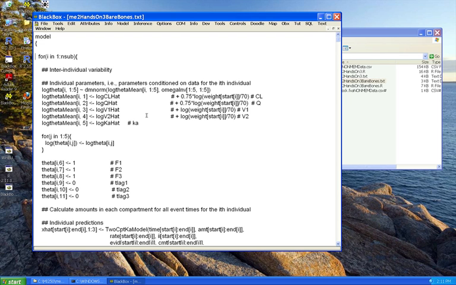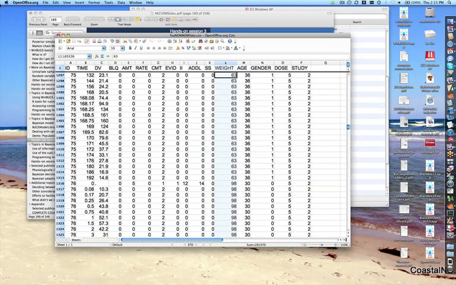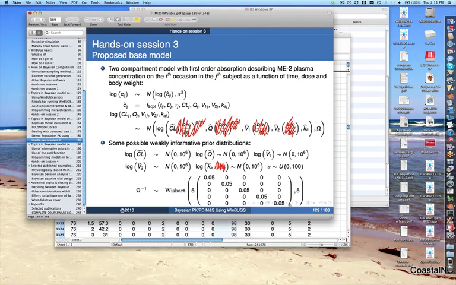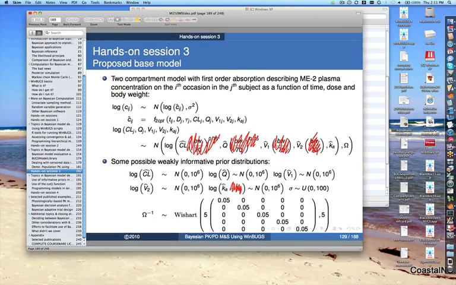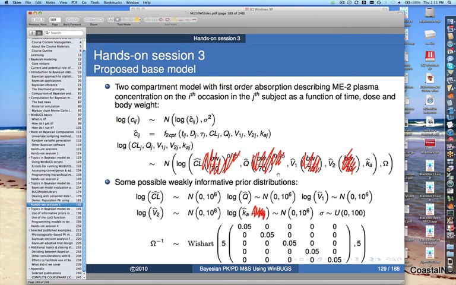And if we go and look at our model up here, you can see the way I've got this set up is that we've got the log of all of our model parameters here, clearance, Q, V, the V's and Ka, are normally distributed, but it's a multivariate normal.